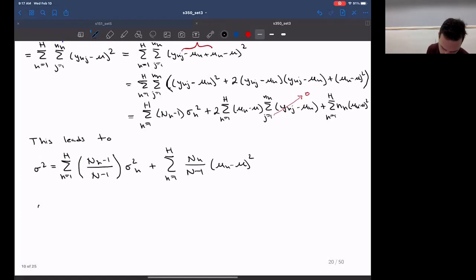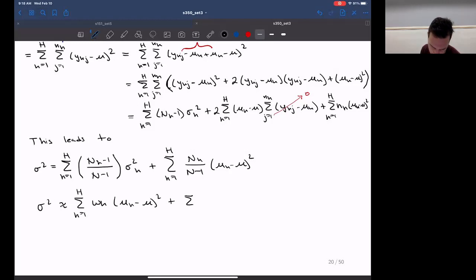Okay, and then we can say that sigma squared, therefore, is approximately the sum from h equals 1 to capital H of w_h mu_h minus mu squared plus the sum of h equals 1 to capital H of w_h times sigma_h squared.